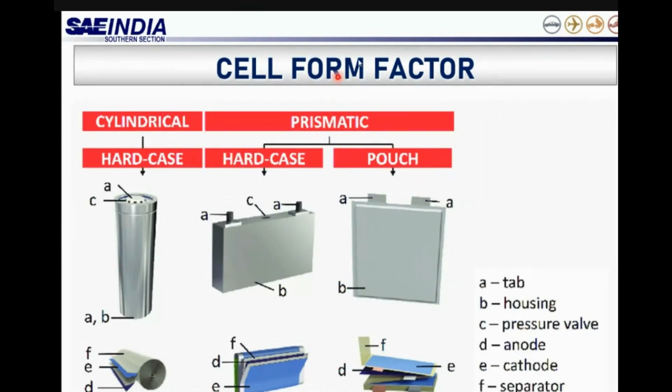Okay, cell form factor. These are the typical form factors that are available: a cylindrical cell, a prismatic, and a pouch cell. The main difference is that for the cylindrical cell, you will have your anode, cathode, and the separator rolled to form the cylinder. Whereas for your prismatic, you will have a solid case.